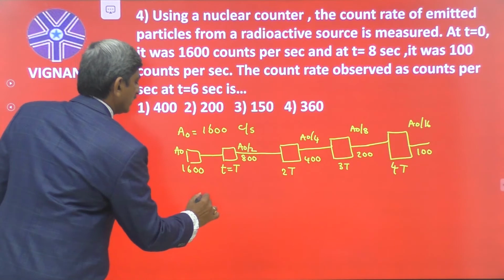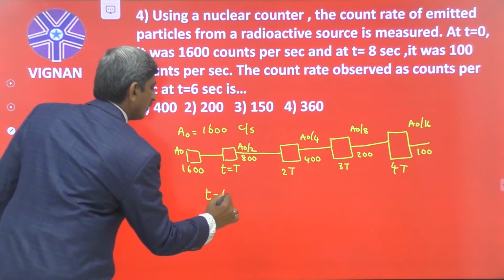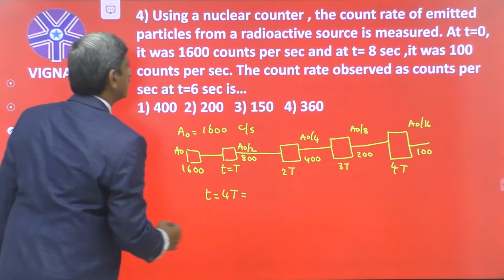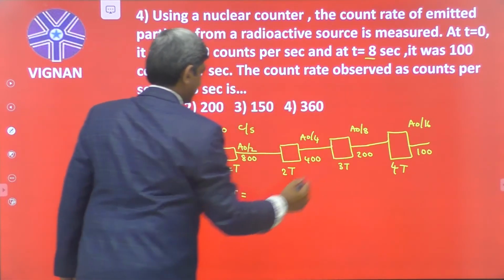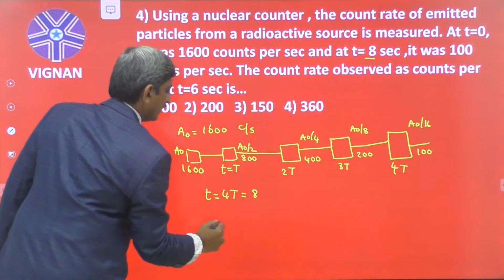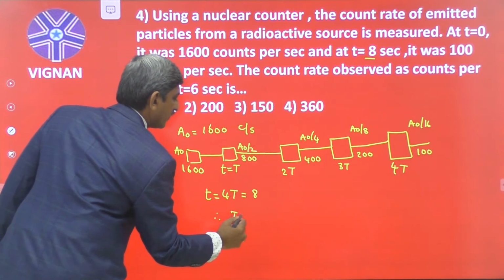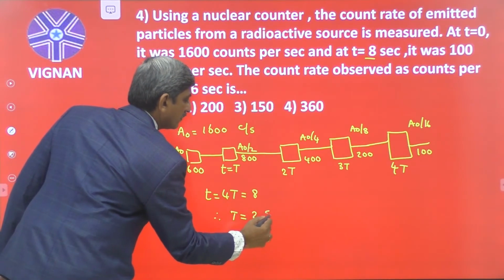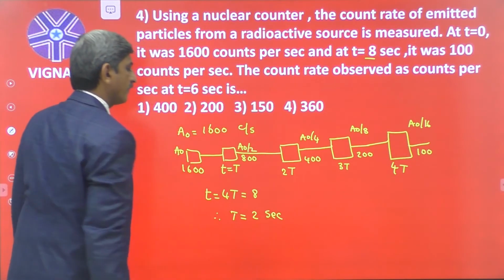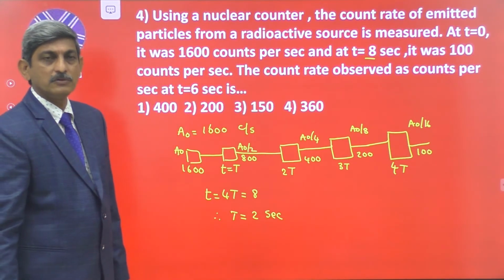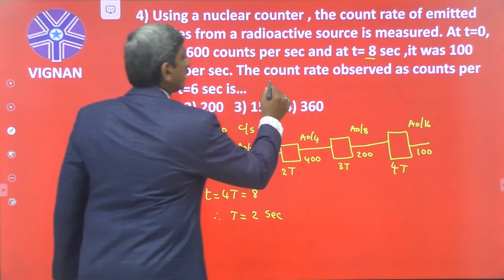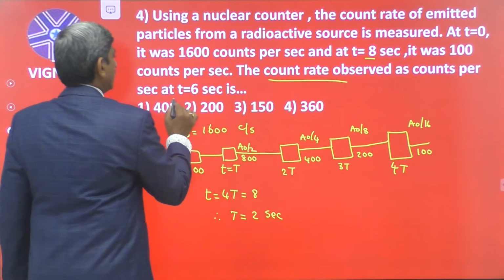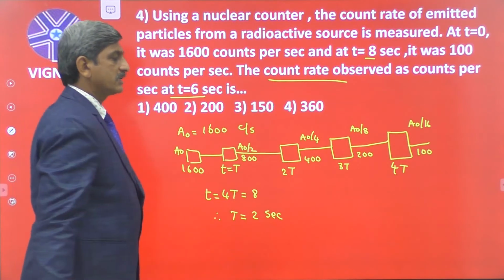That's why the total time of 4 half-lives is given as 8 seconds. Therefore, each half-life is equal to 2 seconds. Now we want to determine the count rate observed at t is equal to 6 seconds.